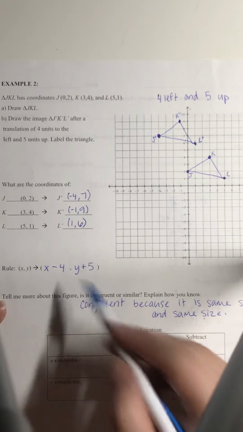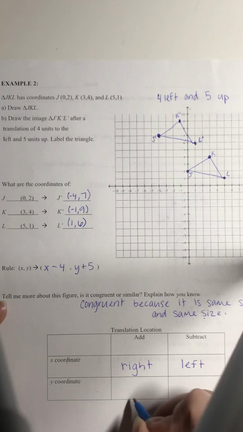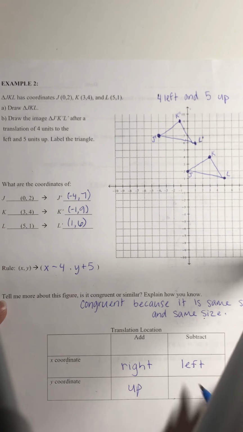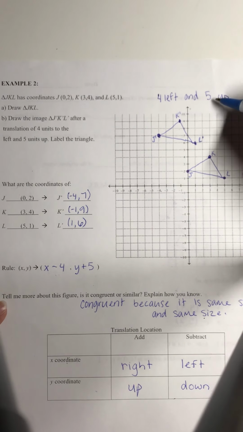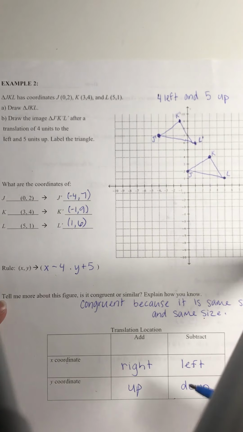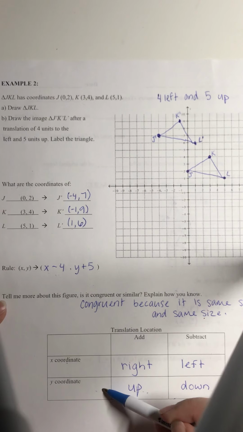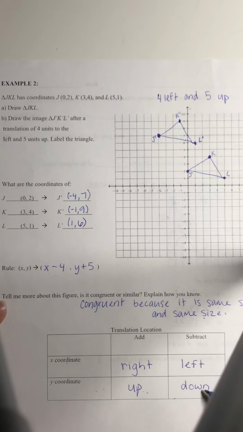So that's talking about x-coordinates. For the y's, when you add, that's going up, and when you subtract, that's going down. Okay, so we went 5 up here, and for our rule, we added 5. So that's what I mean here. Adding means up for the y coordinate. Subtracting would mean down.